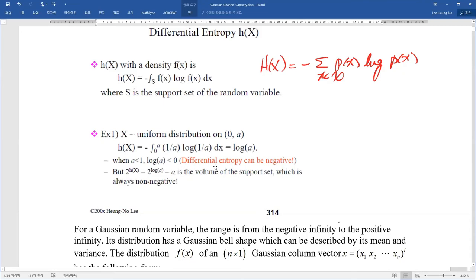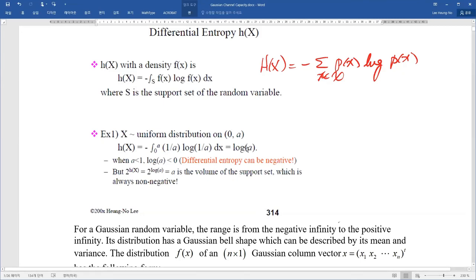Okay, so that's what I have right here. But 2 to the power of h of x, which is a, is the volume of the support set. In this particular case, this is one-dimensional, so it is length. Length is the volume, basically. If you have a two-dimensional random variable, then it can be area, and if it is three-dimensional, it is going to be volume.